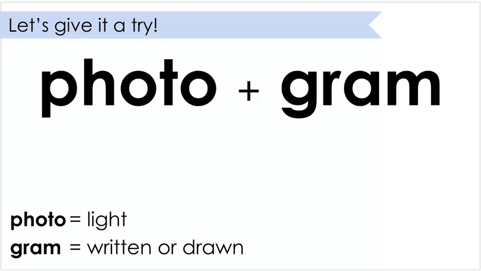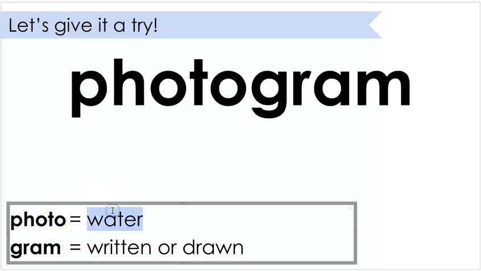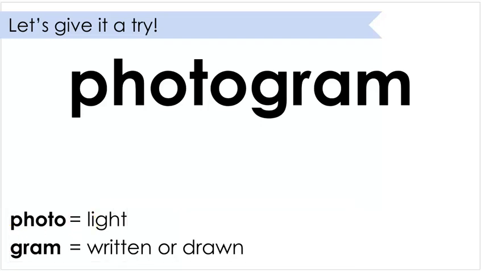If I put those together, what's our new word? The new word is photogram. That is correct. And I wonder what photogram means. If photo means light and gram means written or drawn, what might that mean together? What do you think?